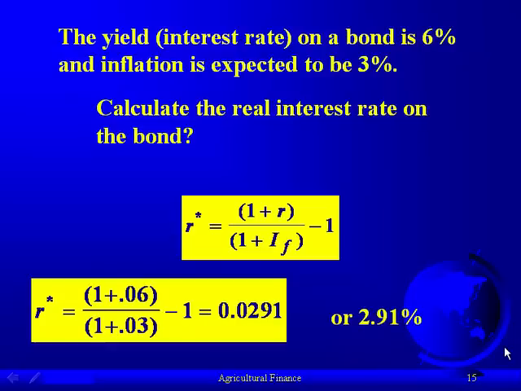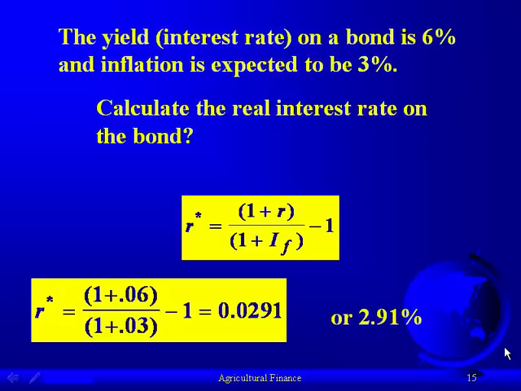The 1 plus 0.06, because 6% is the nominal rate. Out there in the real world, whether it's a mortgage rate or the interest on your car loan or a bond, it's always stated in nominal dollars or nominal rates, unless they specifically prefix it with real. Otherwise, if you hear 6% out there, it's nominal.